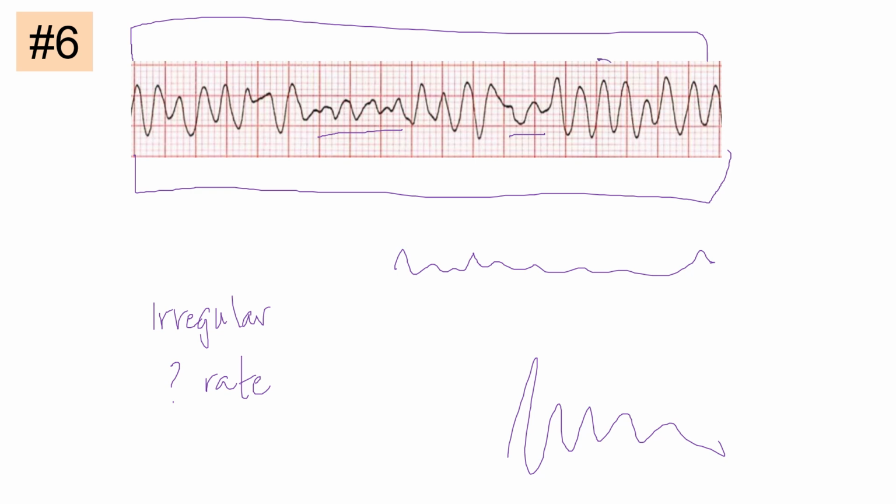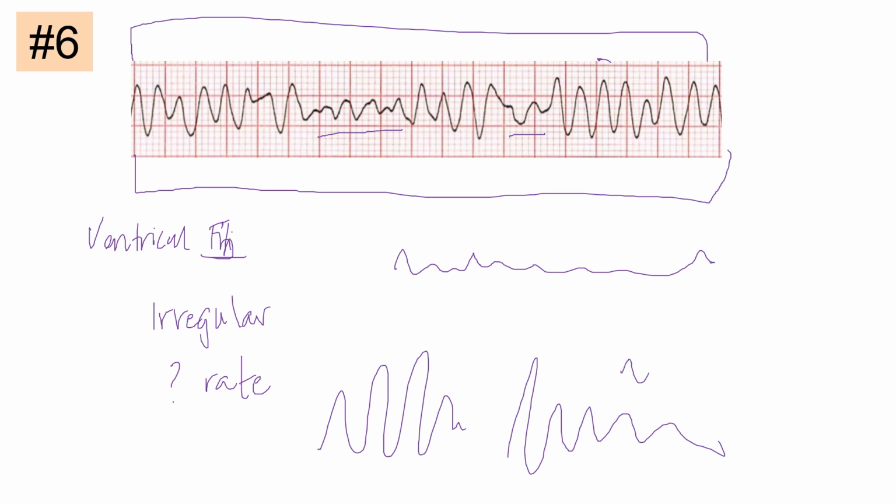But this is ventricular fibrillation, or VFib. So VFib has low amplitude. Again, it's not going to show high waves like these. It's kind of chaotic and irregular like that, just like it is here. So this is VFib.